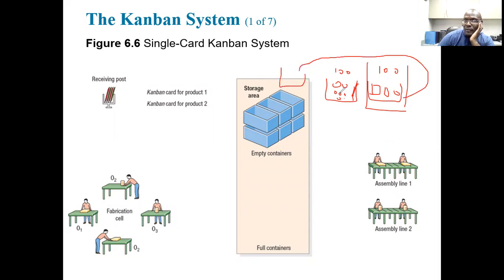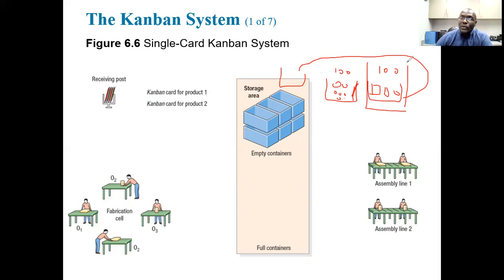And by the time this first bin here is done, the second bin should be ready to be used to get more product into the production process. Okay, so it's a continuous process throughout the course of the day, such that there's always going to be product available to the employee, but at the same time we're not holding on to a lot of inventory. We're always using just exactly what we need.